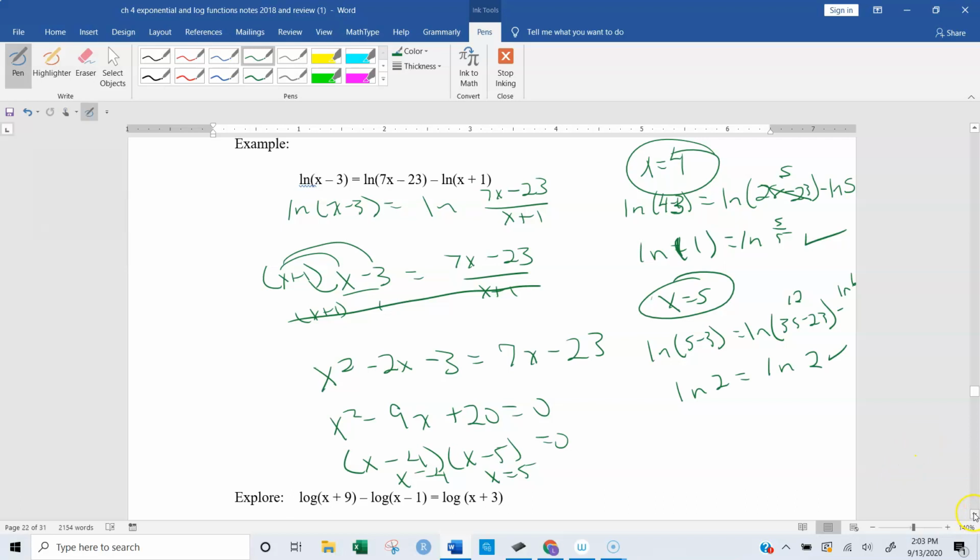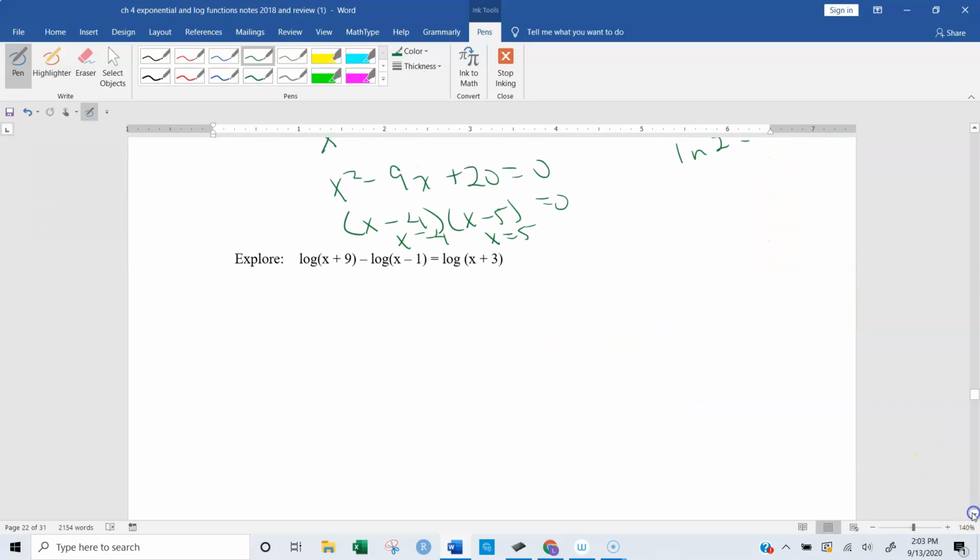Okay, pause and try yours. First thing you should have said is subtraction means division. So I've got the log of x plus 9 divided by x minus 1 equals the log of x plus 3. Okay, now that I have both logs, they can cancel because it means they're the same. So we have x plus 9 over x minus 1 equals x plus 3.